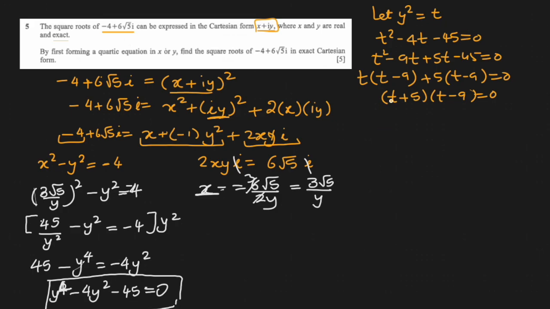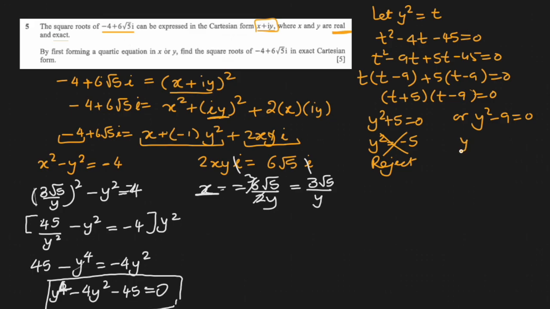Okay, so t was y square. So y square plus 5 equal to 0 or y square minus 9 equal to 0. This gives us y square equal to negative 5, which is not possible. Why? Reject this, because a square number cannot be negative and they wanted only real ones.